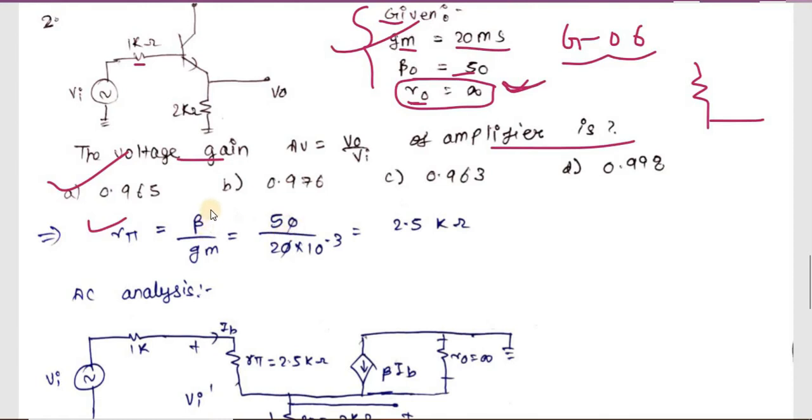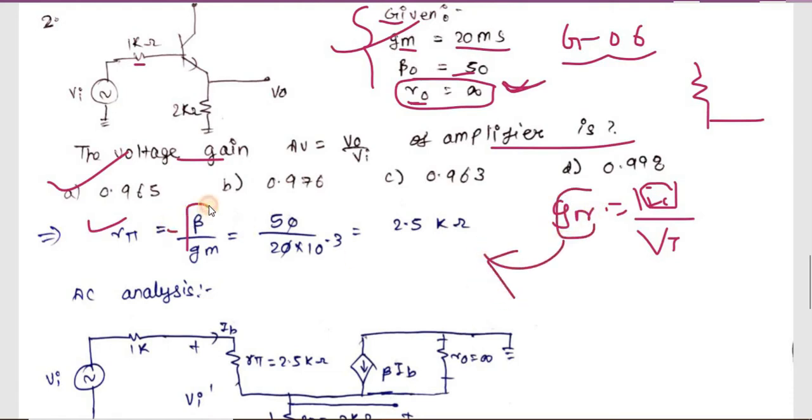If we did not have these two parameters, then only we would use the GM formula, that is mod of IC by Vt, and do DC analysis for IC. But here the GM value is directly given, so we can use this relation. Our R pi will be 50 upon 20 into 10 raised to minus 3, so it will be 2.5 kilo ohm. So you get your R pi.